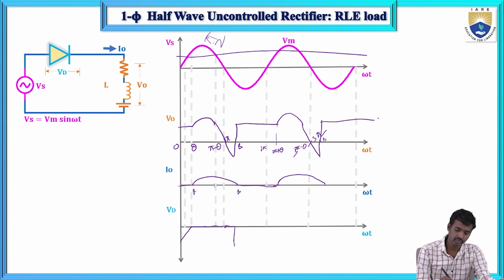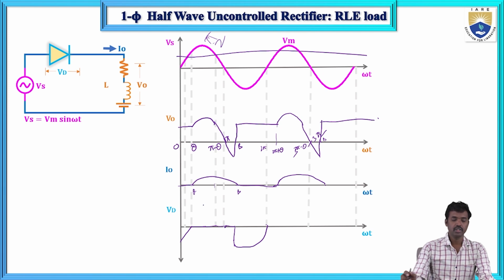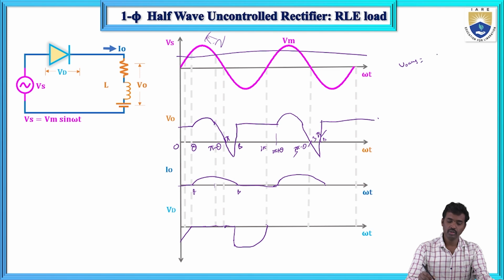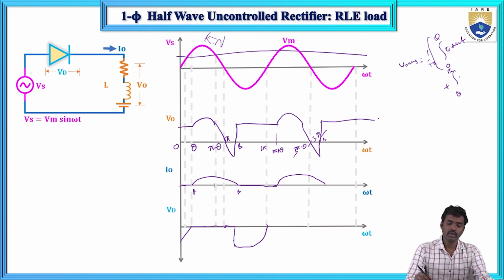So the average output voltage V0 average equals 1 by 2 pi times the integral from 0 to theta of E d omega t, plus theta to beta of Vm sin omega t d omega t, plus beta to 2 pi of E d omega t.